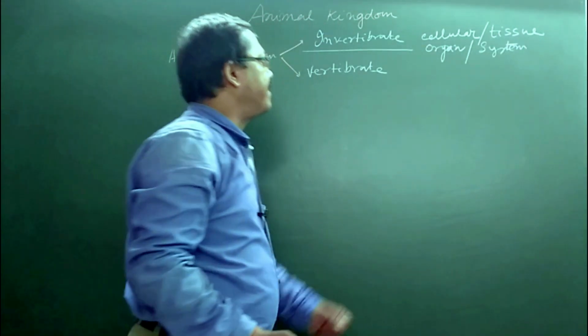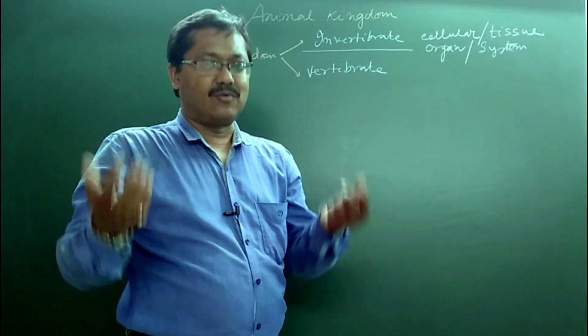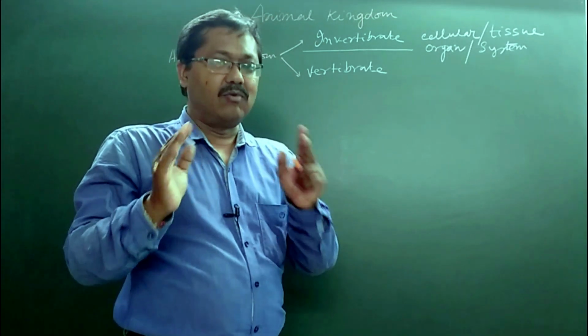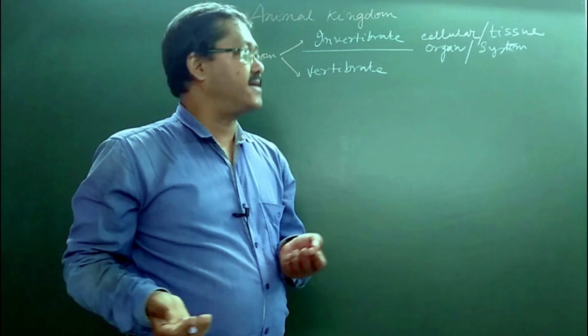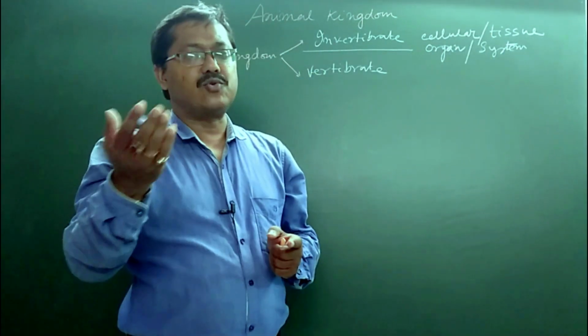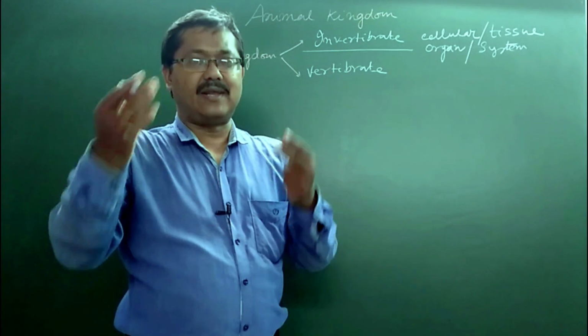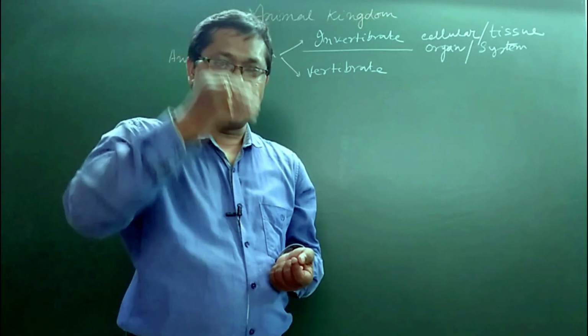Very early, primitive members are cellular. Then during evolution, the cellular organization became more complex for tissue. Generally, cells are organized in two layers, outer ectoderm and inner endoderm.